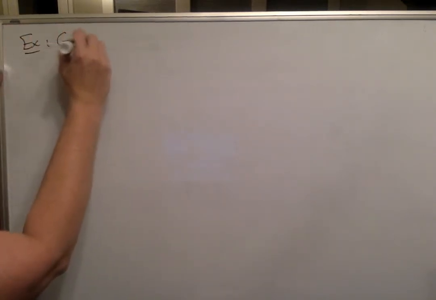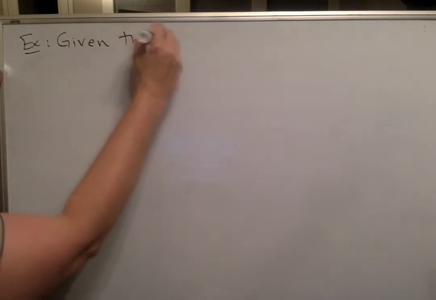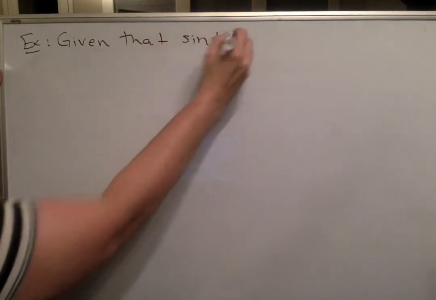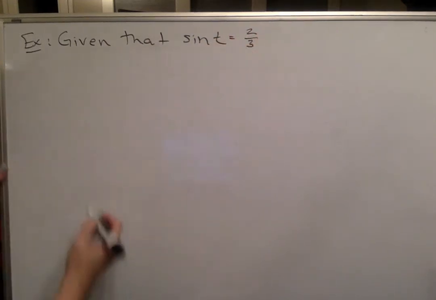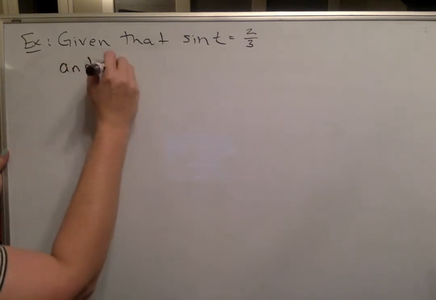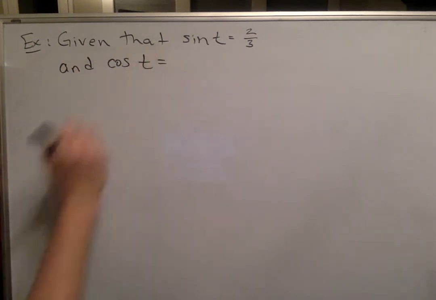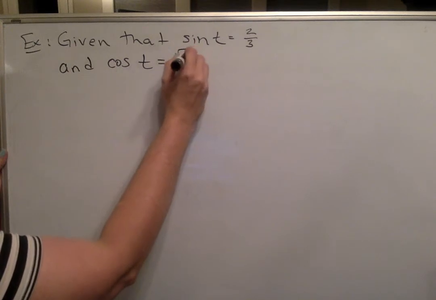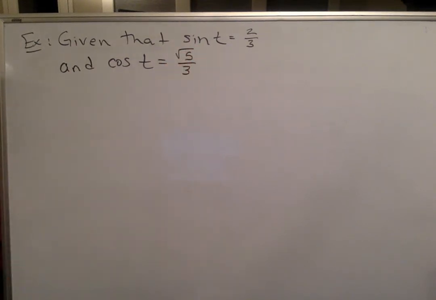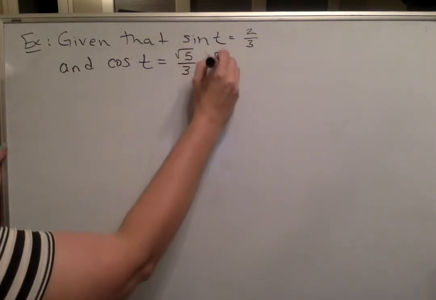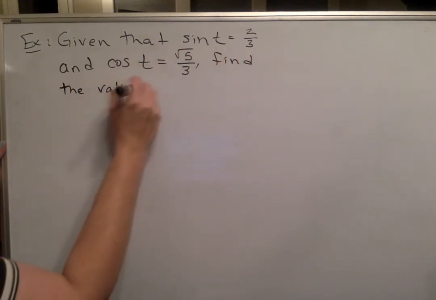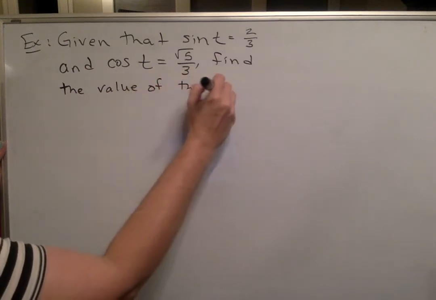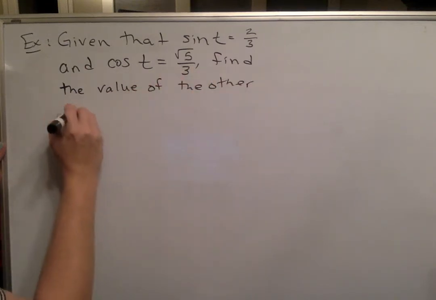So here's the next one. Given that the sine of an angle is equal to 2/3 and cosine of that same angle is equal to the square root of 5 over 3, find the value of the other 4 trig functions.